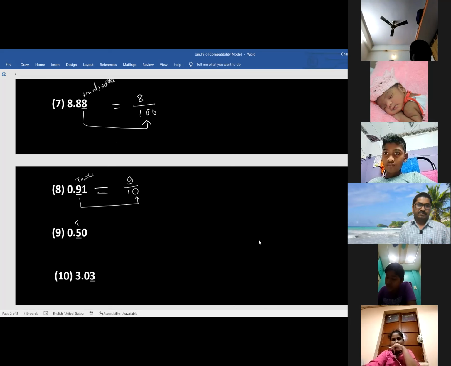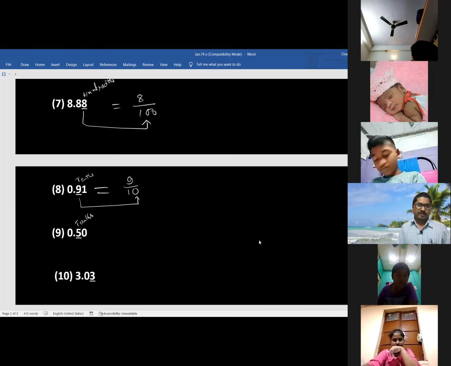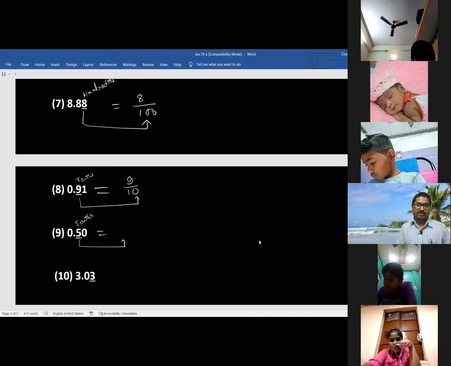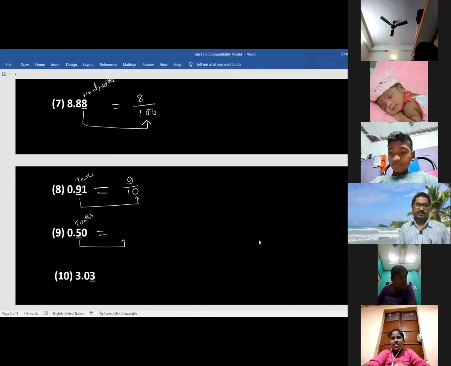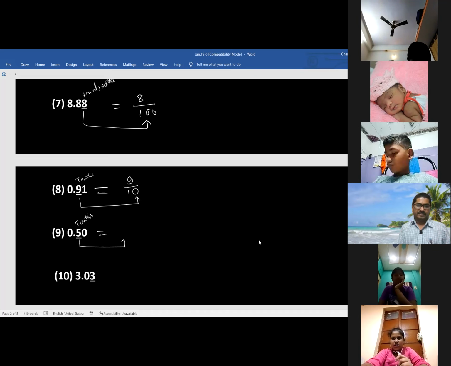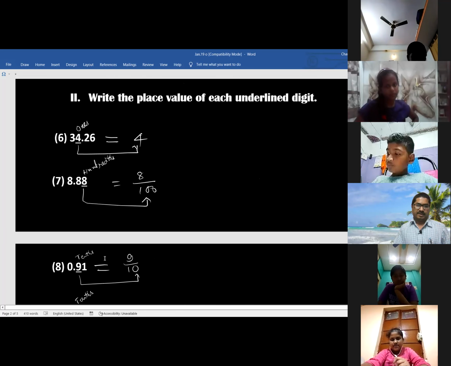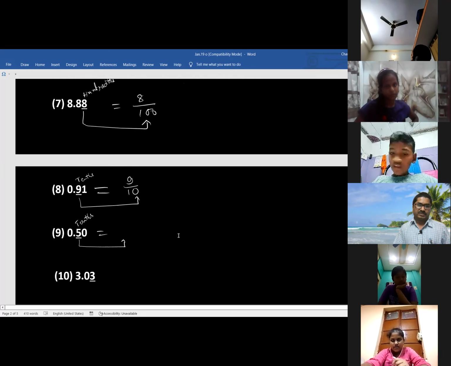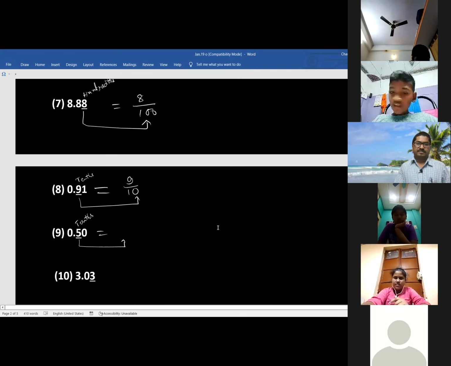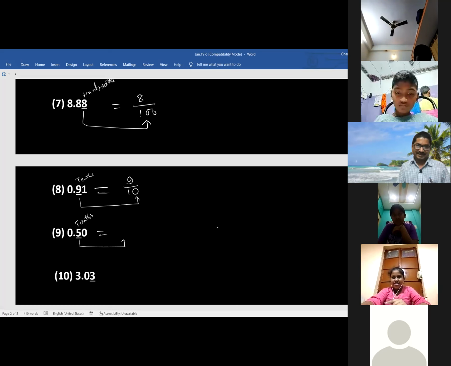Tenths. 5 tenths. Sir, I did not understand that one. 9 tenths, 9 by 10. 8 hundredths, 8 by 100. 5 tenths means 5 by 10. You need not be confused.